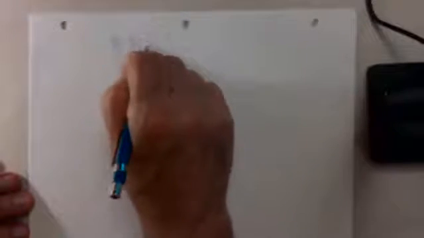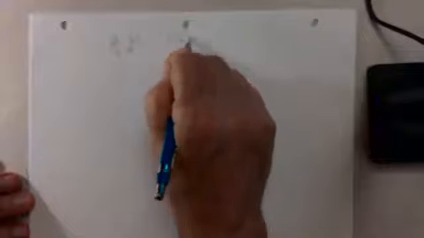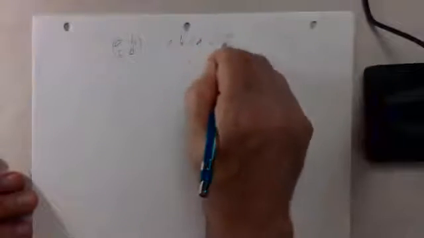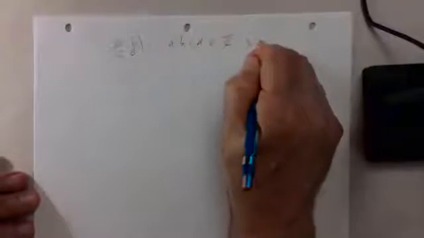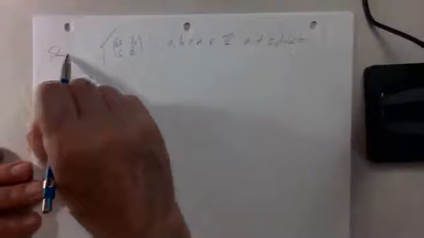So everyone should know what a 2 by 2 matrix is. So let's consider all 2 by 2 matrices, A, B, C, and D, where A, B, C, and D are integers, and the determinant, AD minus BC, is 1. So the set of all 2 by 2 matrices with integer coordinates and determinant 1, I'll call that SL2Z.